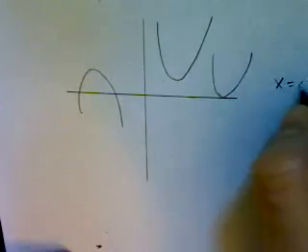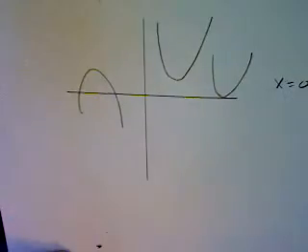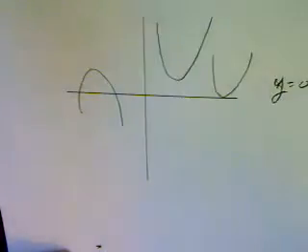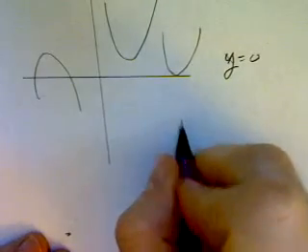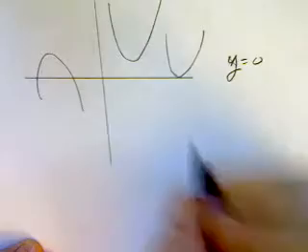Well, x is going to equal 0. Sorry, y is going to equal 0 in this case. It's the point where y equals 0. Remember our quadratic equation. We'll solve it later.